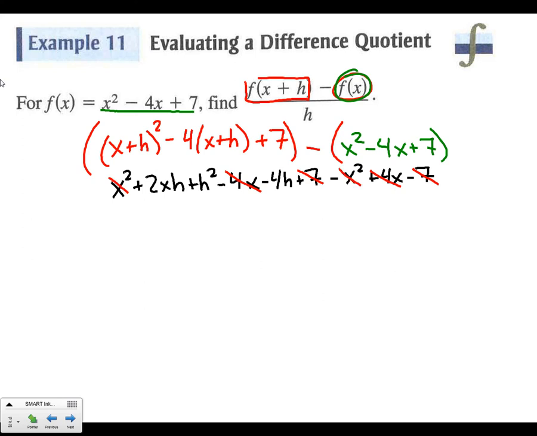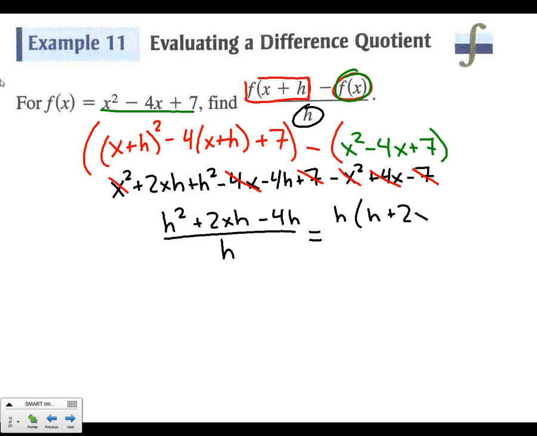If we rewrite this, we have h squared plus 2xh minus 4h. Now I'm going to bring the h back in, all over h. Let's cancel where we can. I'm going to pull an h out on the top, so I'm left with h plus 2x minus 4 all over h. These h's cancel, and our difference quotient is going to be h plus 2x minus 4.